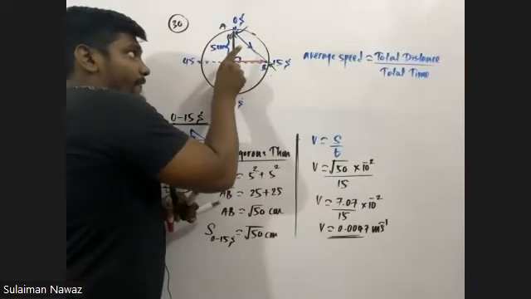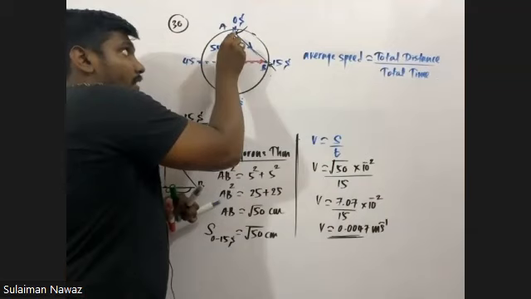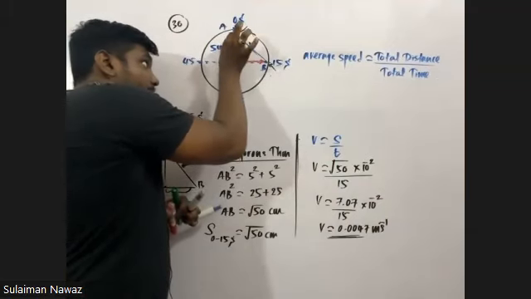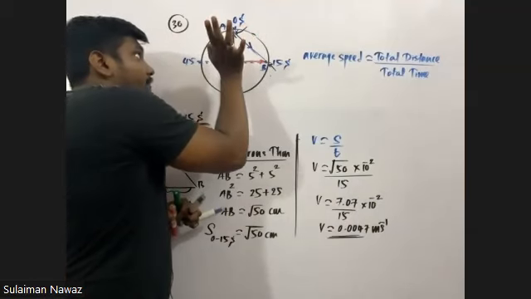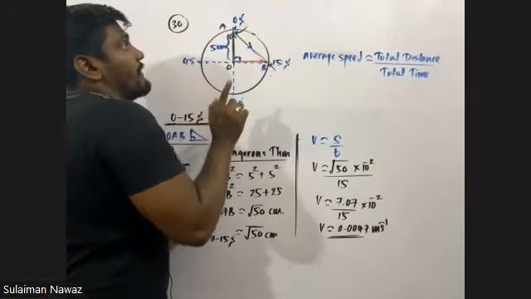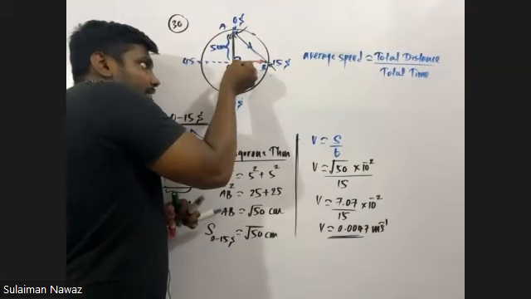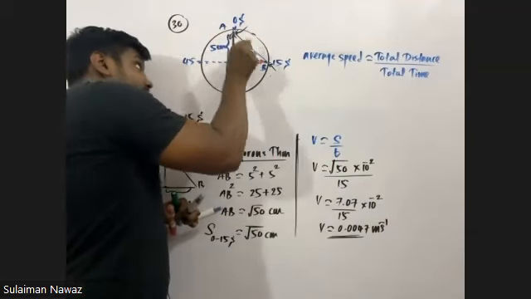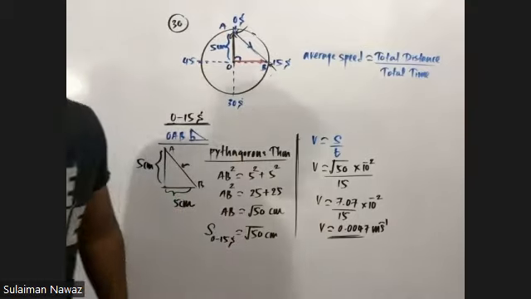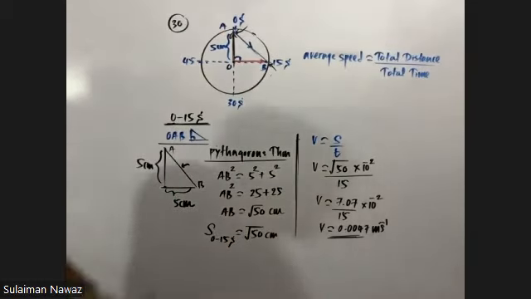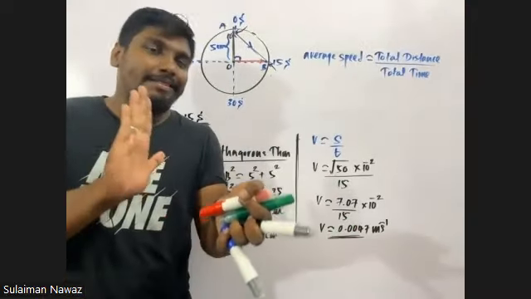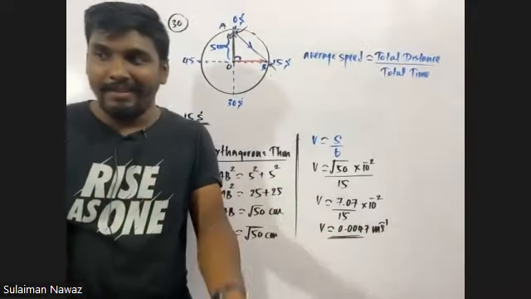Now, if I ask you, what is the path traveled by the tip of the second hand?